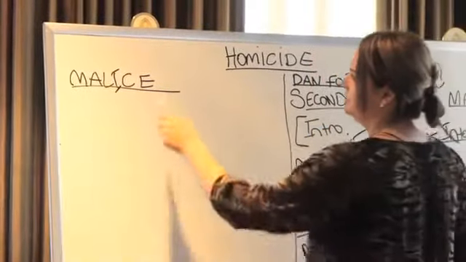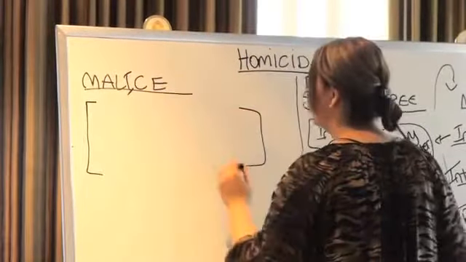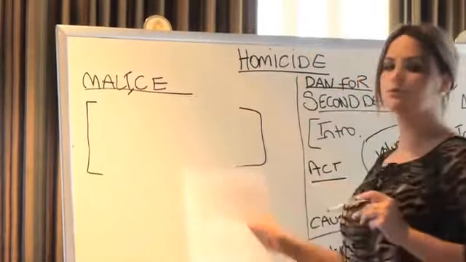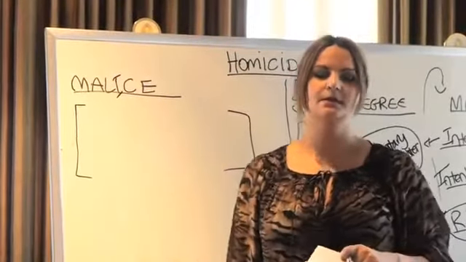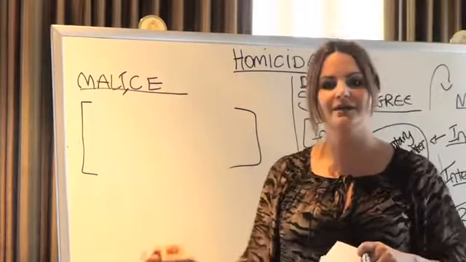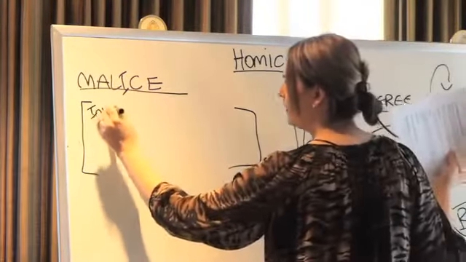So you say, heading malice, and in an intro form, you say in order to prove malice, you need an intent to kill, and you introduce all four types. Period.